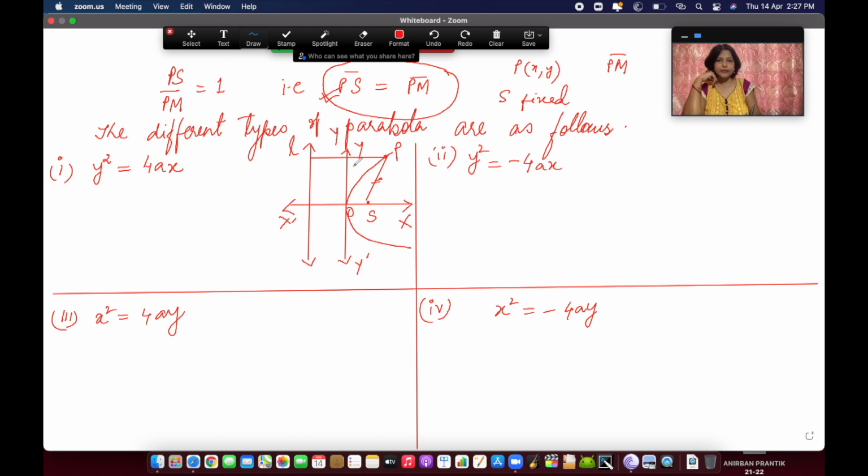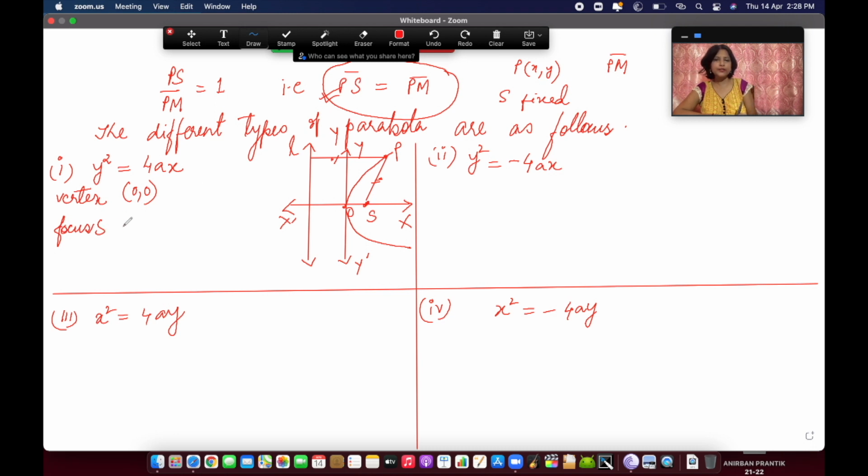This length must be equal to this length. So in this case, S is the fixed point. O, which is the origin, is also known as the vertex. So here the coordinates of the vertex, you can see, the origin is 0, 0. Coordinates of the fixed point, that is S here. So here the fixed point S is called the focus.